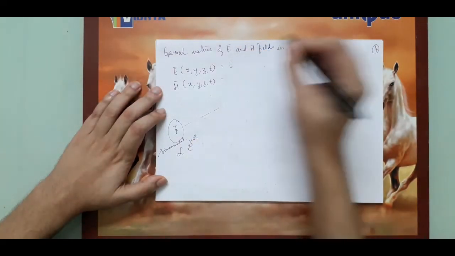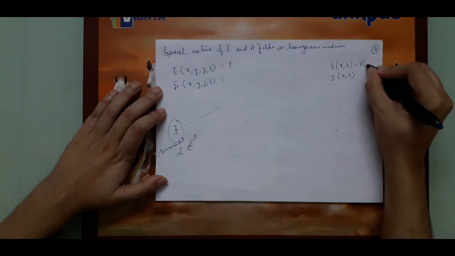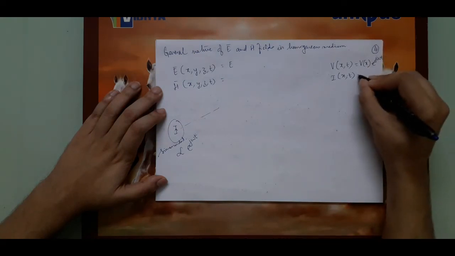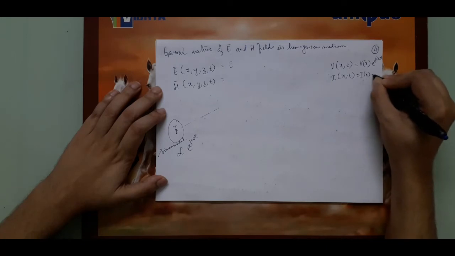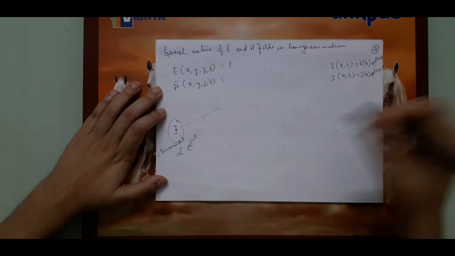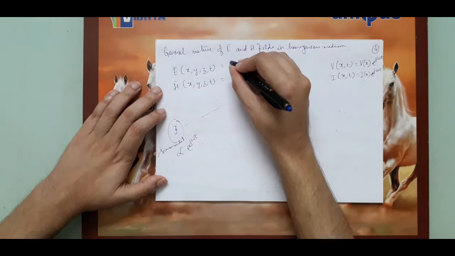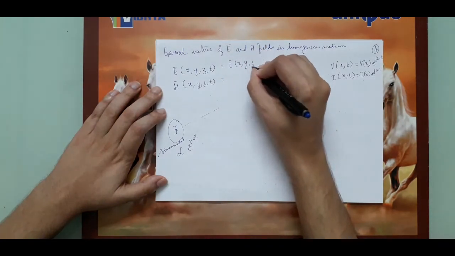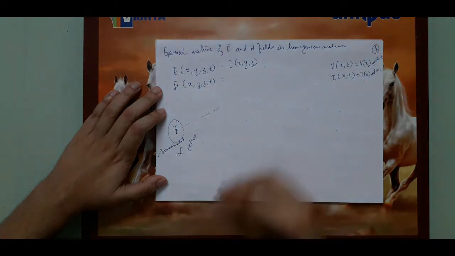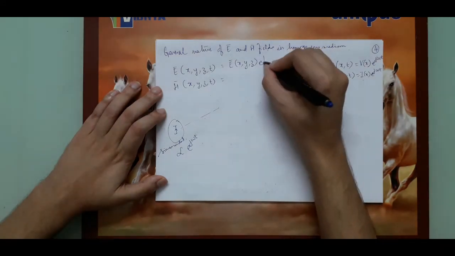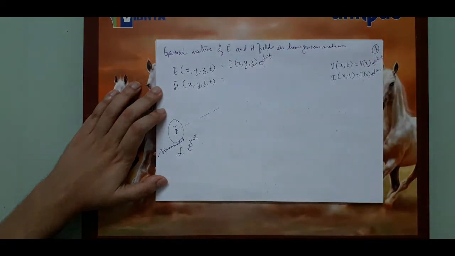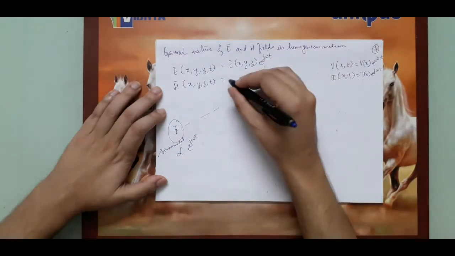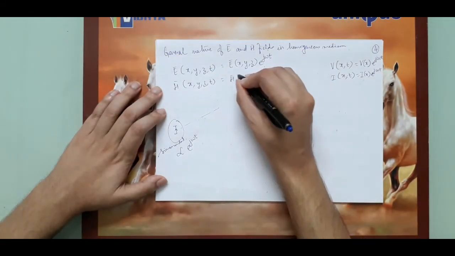So just like in transmission line, it is V of x times e raised to j omega t, and this is I of x times e raised to j omega t. I can say this electric field is nothing but the product of its positional vector times the time harmonic. Same for magnetic field.